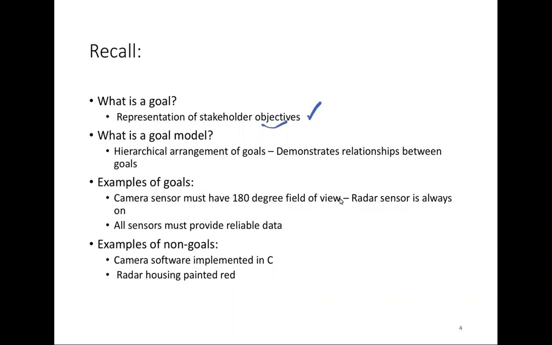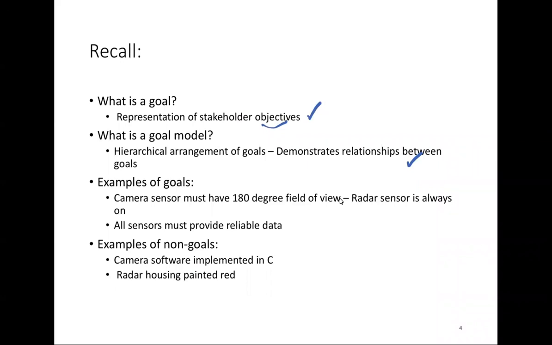We would like to model a goal using a goal model, which is a hierarchical arrangement of goals, which can be easily demonstrated by identifying the relationships between goals. So a goal model is just a hierarchical representation of all the goals, whether they are soft goals or hard goals. And then we'd like to identify the relationships between those goals to satisfy the objectives of the stakeholders.